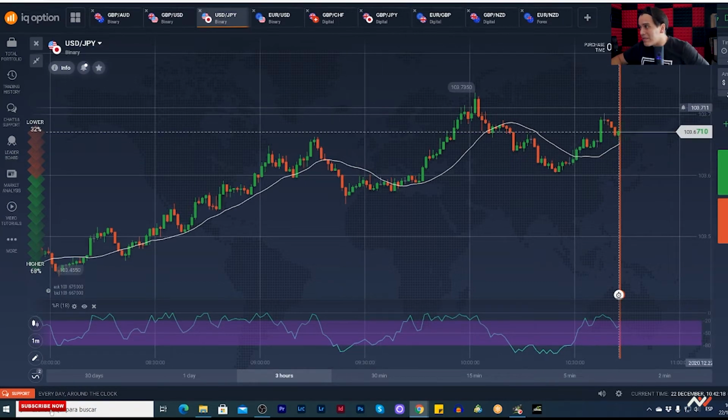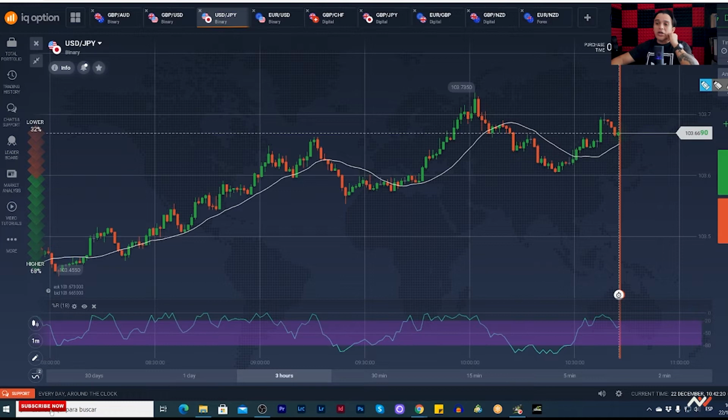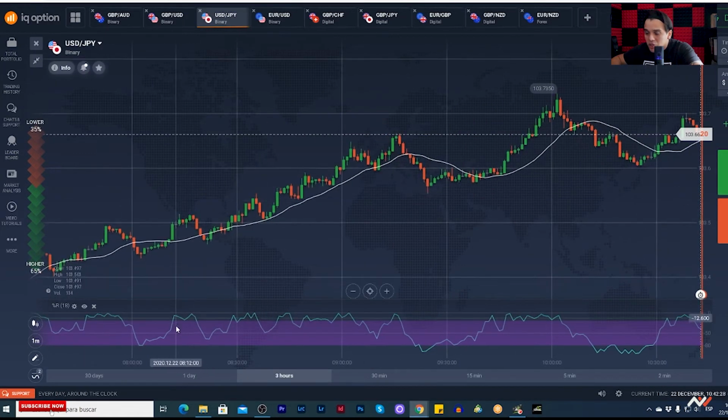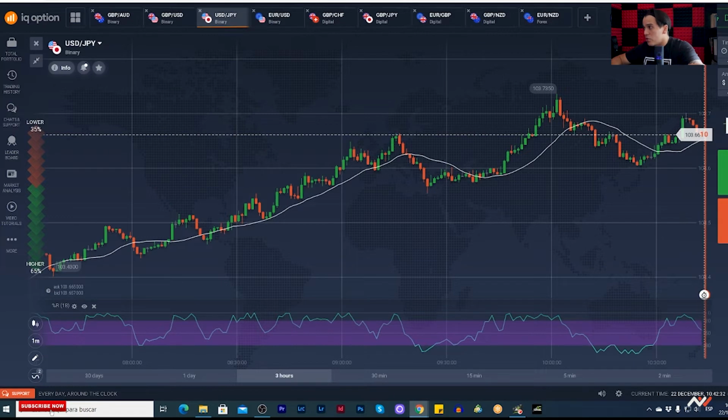So what is this strategy and how are we going to trade? Remember, the indicator is very important, and have patience. We are going to trade when the Williams range crosses, for 2 or 3 minutes, and we are going to trade following the direction of the trend.